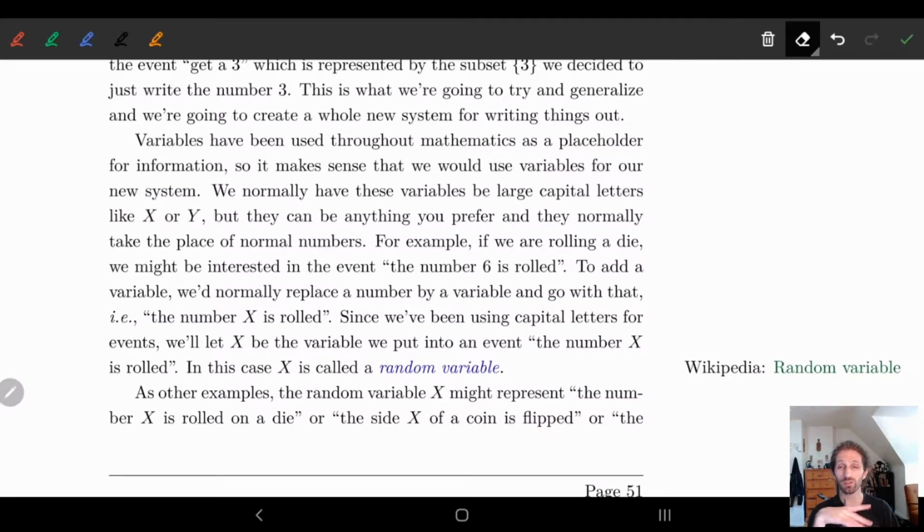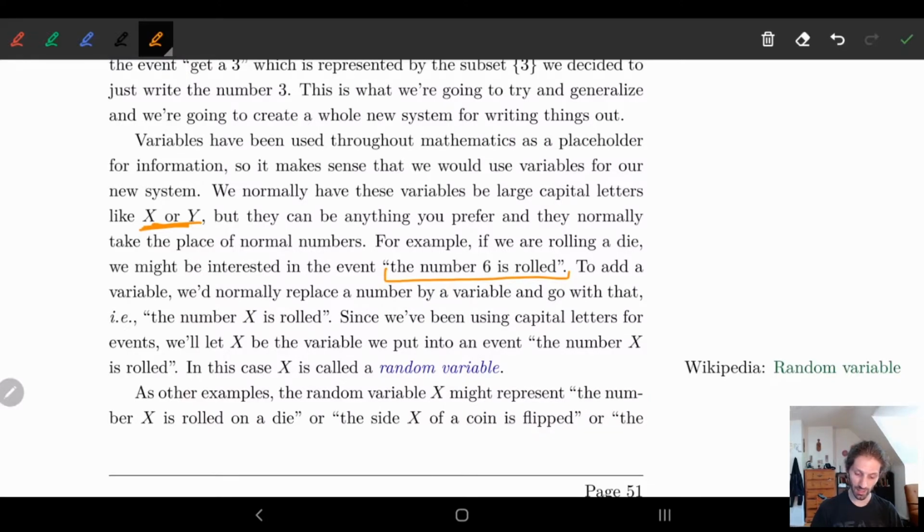Anyway, for us, since we've been using a lot of lowercase letters for our smaller things, like n is equal to, or mu is equal to, or r is equal to, we're going to let capital letters be our variables. So we'll use X and Y, for example, as our variables. And they can be anything you prefer, right? For example, if I'm rolling a die, instead of saying the number 6 is rolled, I'm going to replace the 6 by a random variable.